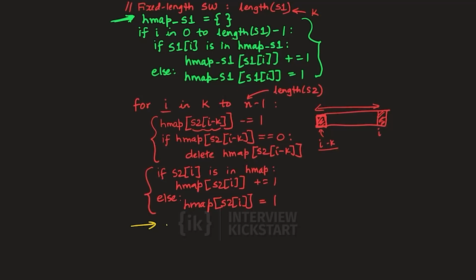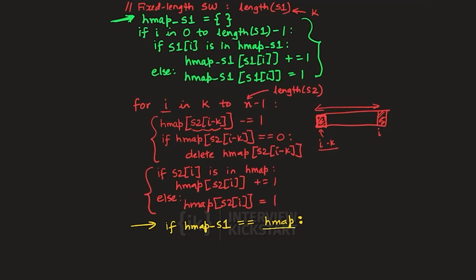That is, if hmap underscore s1 happens to be identical to our frequency table for s2, I could have called that hmap underscore s2, but since I just called it hmap, I'm just going to leave it like that.